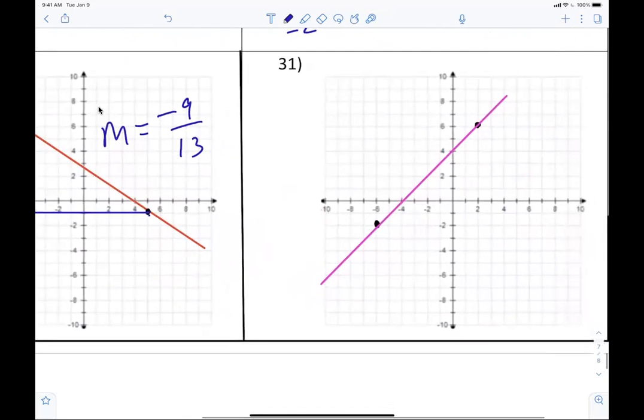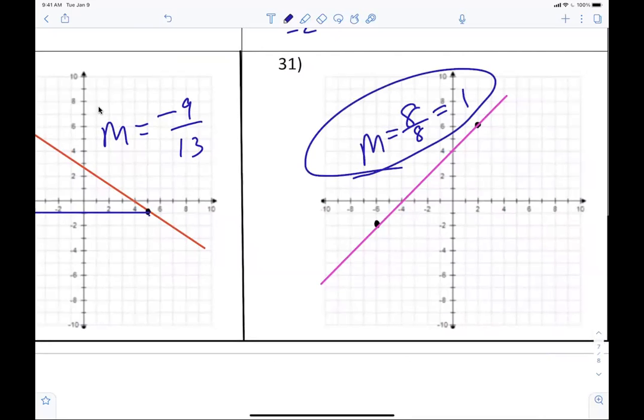All right, and the last one here, 31. 8 over 8, which is the same as 1. It's asking for the slope.